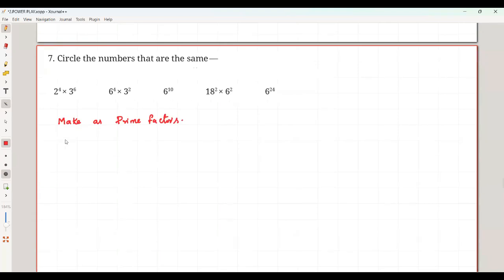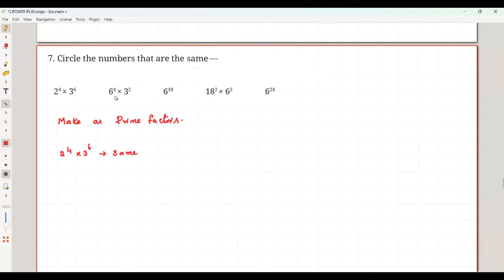So first one I am just writing as 2 power 4 into 3 power 6. Okay, this is same. Second, 6 to the power 4 into 3 to the power 2. 6 is not a prime number. 6 can be written as 2 into 3.